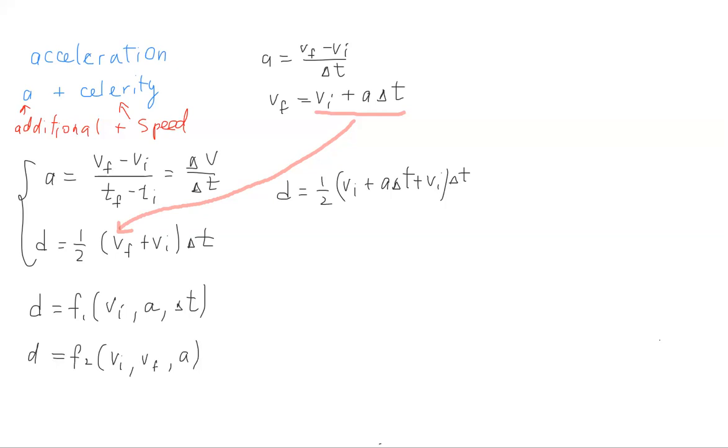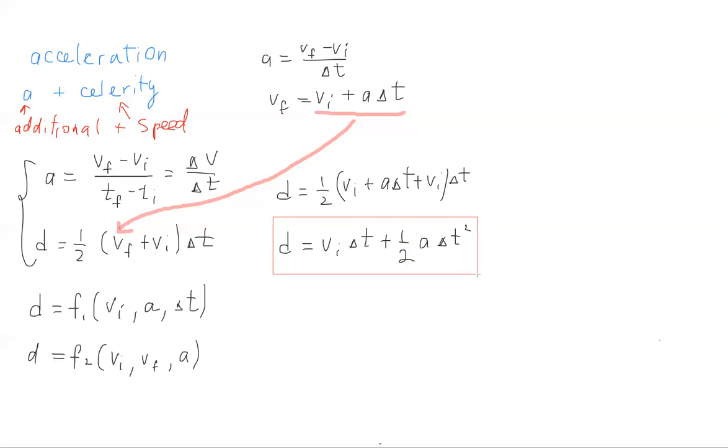and we will arrive to this. It's supposed to be 1/2 a delta t squared. So this is a special formula.